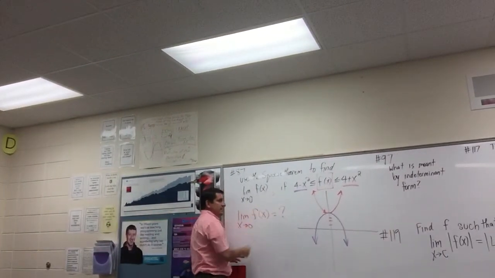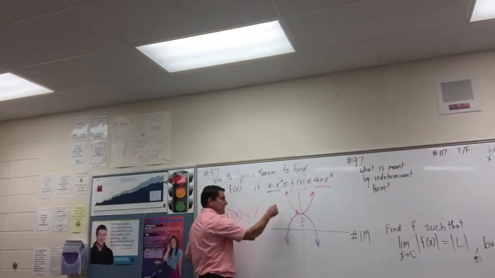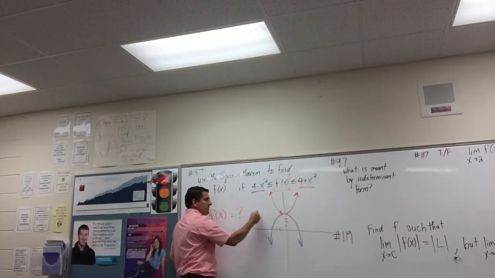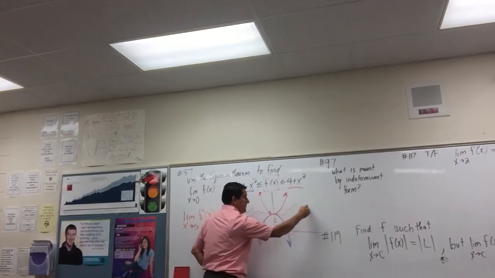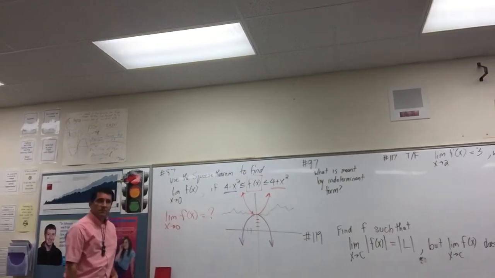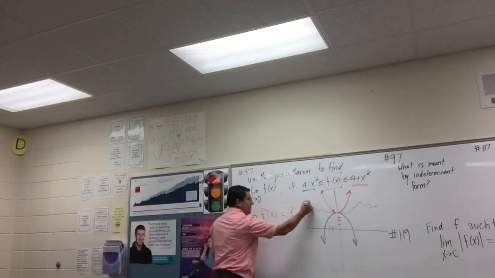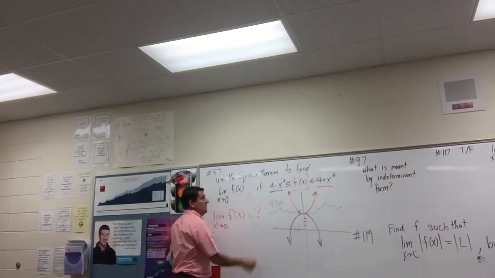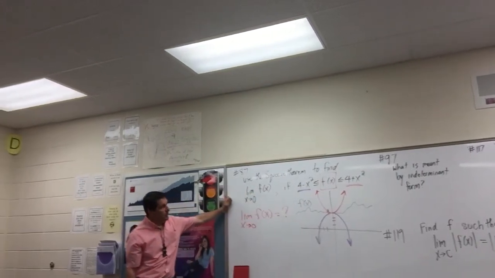And f of x has to be in between there. So for each of these values, whatever the x is, f of x has to be in between those two. That's what that double inequality means.